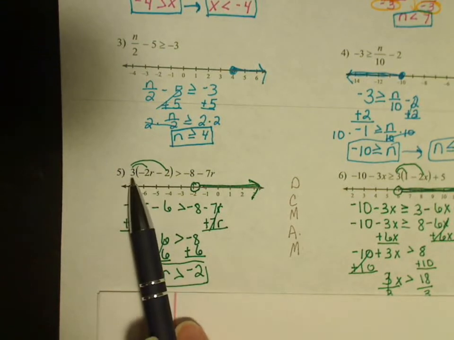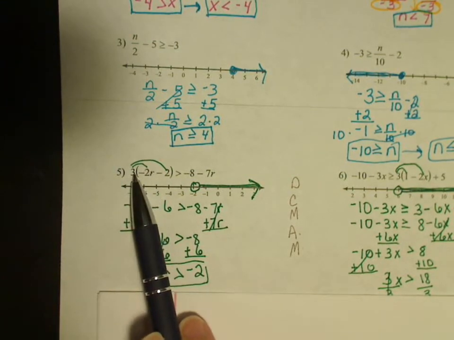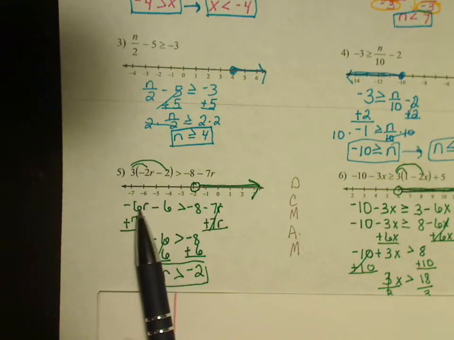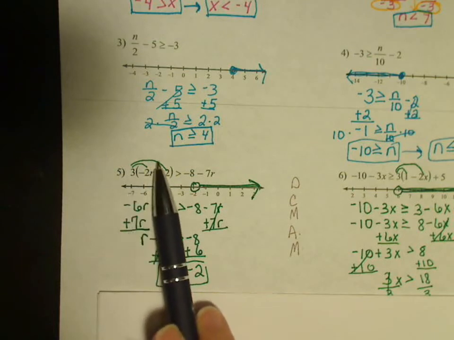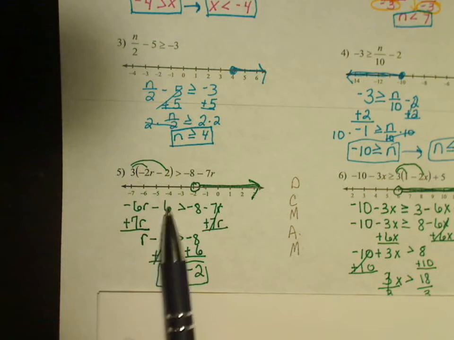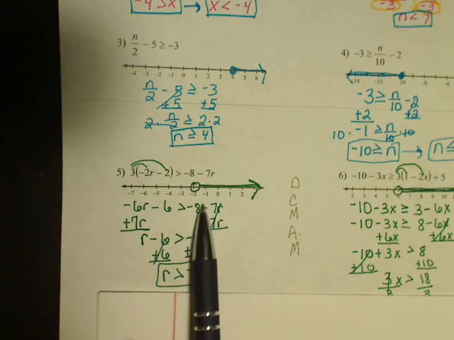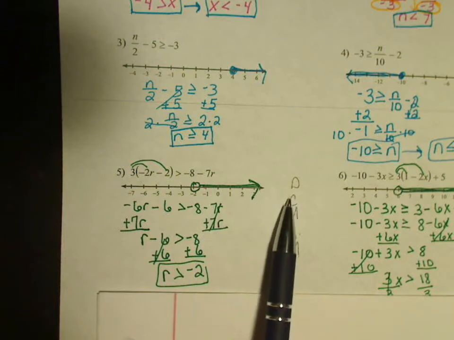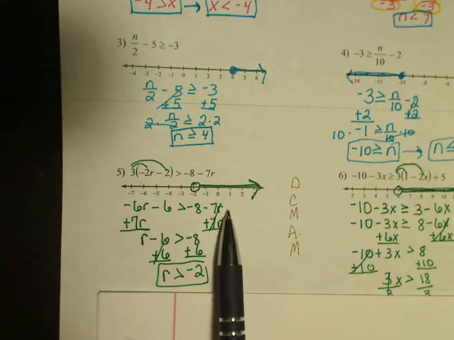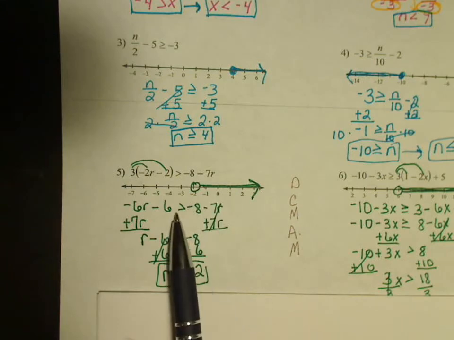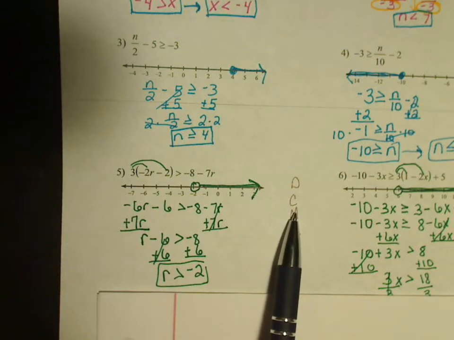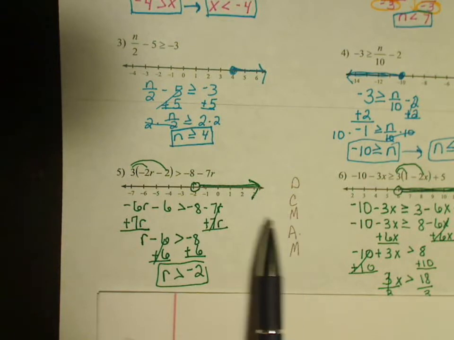Okay, so I'm going to do the distributive first. When you do the distributive, you take what's in front and you multiply it times that. Then you take the 3 and you multiply it times -2. That's how you get the -6. And then I just brought this down exactly how it was. That was the distributive. I do not have any like terms on this side or on this side, so I don't do that. So now I'm going to move all of my variables to the same side of the equal sign.